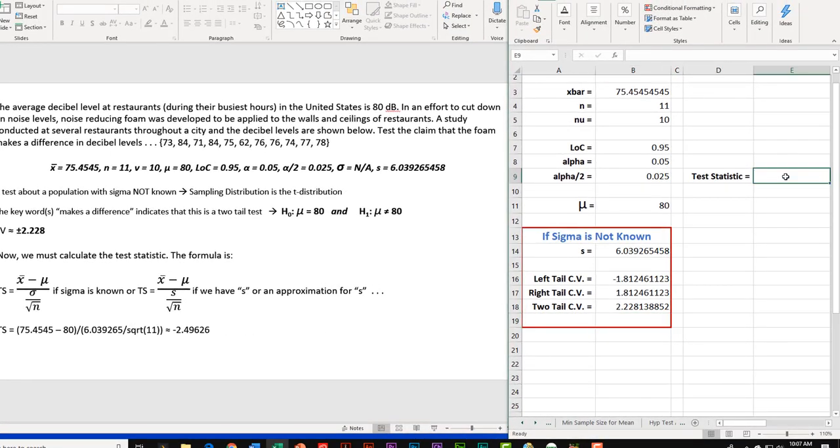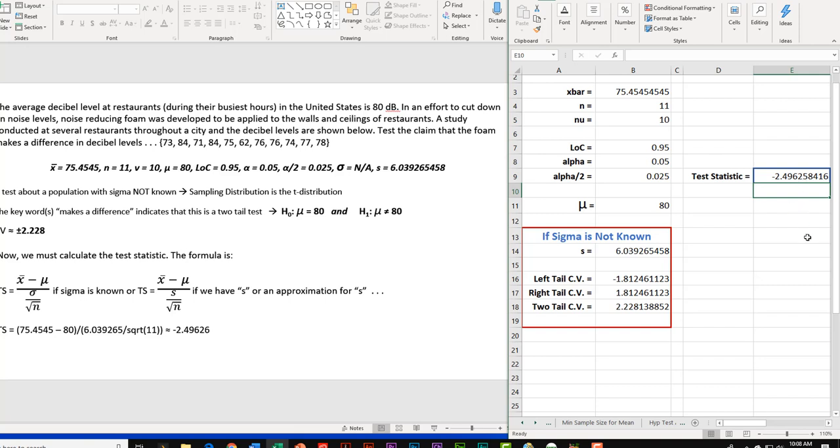Clicking on the cell where it says test statistic, equals, open parenthesis, click on the cell with the mean, or X bar, minus the cell that contains mu, divided by, open parenthesis, the cell that contains S, over the function for square root, sqrt, open parenthesis, click on the cell that has n, close the square root parenthesis, close the parenthesis for the denominator, and press enter.